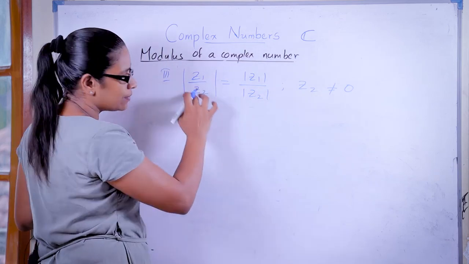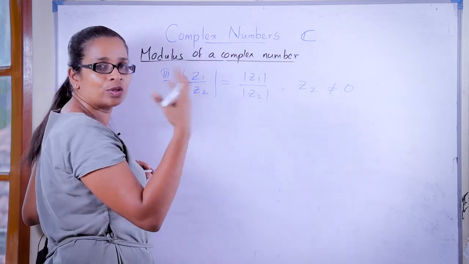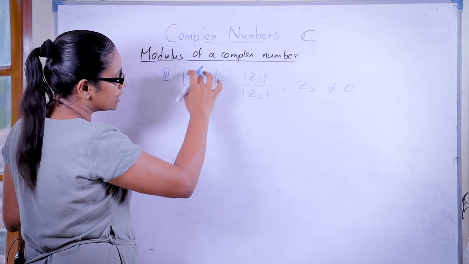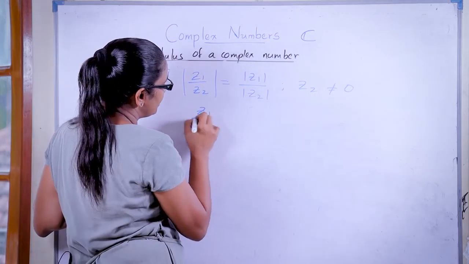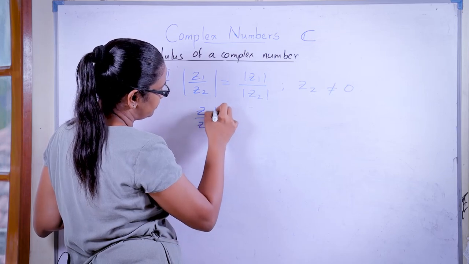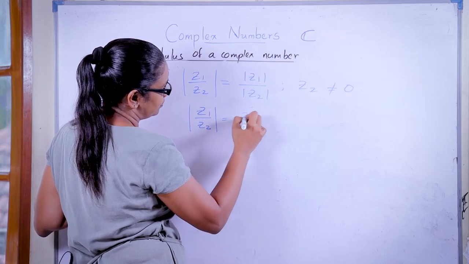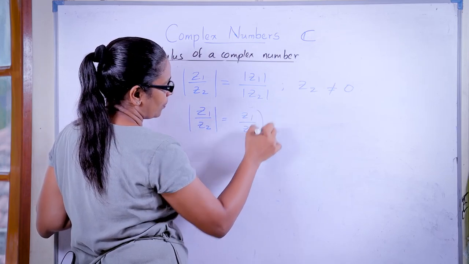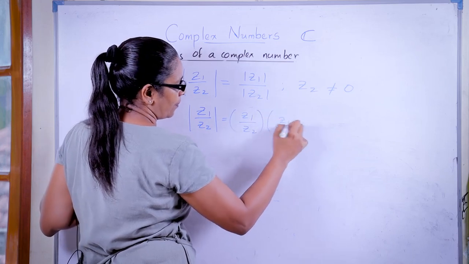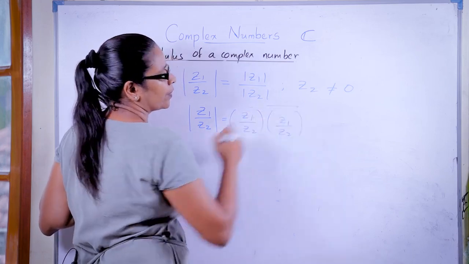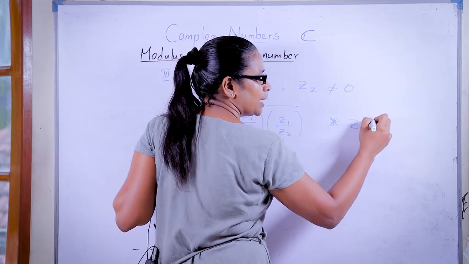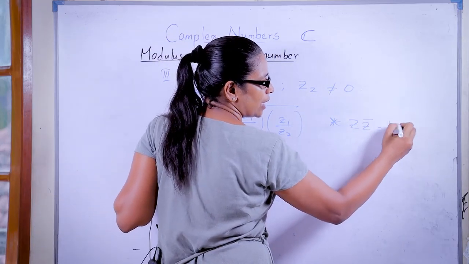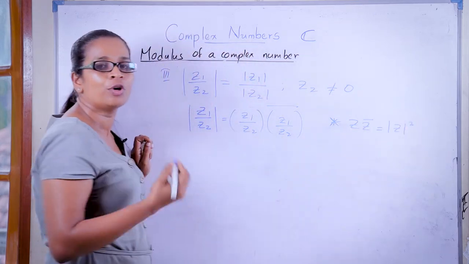This is a complex number; division also gives a complex number. So if I consider this as a single complex number, I can write it like this, because using the same theory, a complex number into its conjugate equals the square of the modulus.